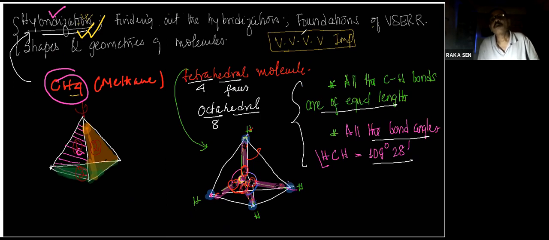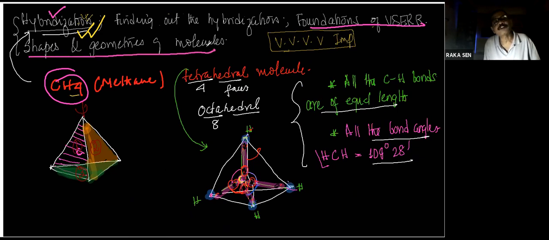We talked about the foundations of VSEPR. The number of electron pairs is going to determine the geometries. We did not talk about shapes of molecules as of now; we talked about the geometries of the electron pairs.